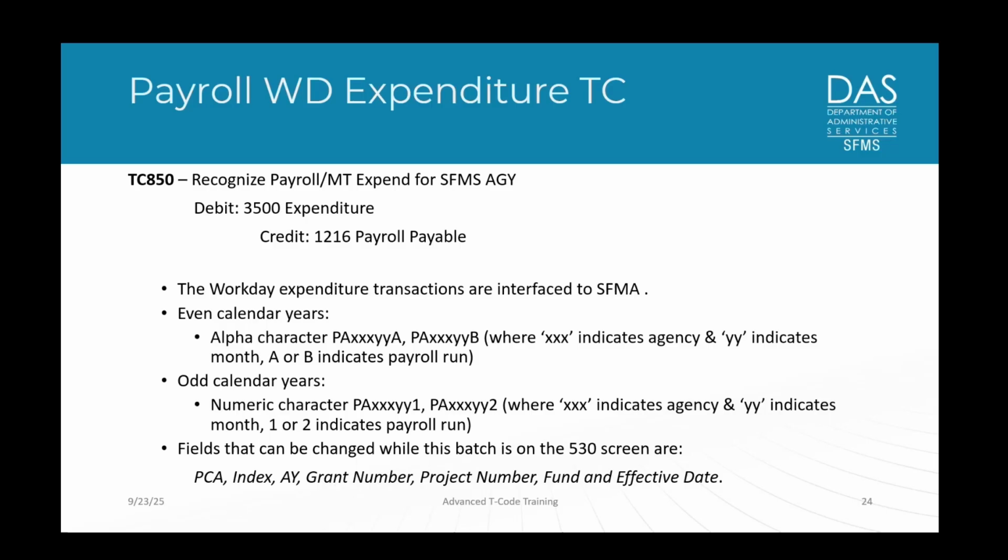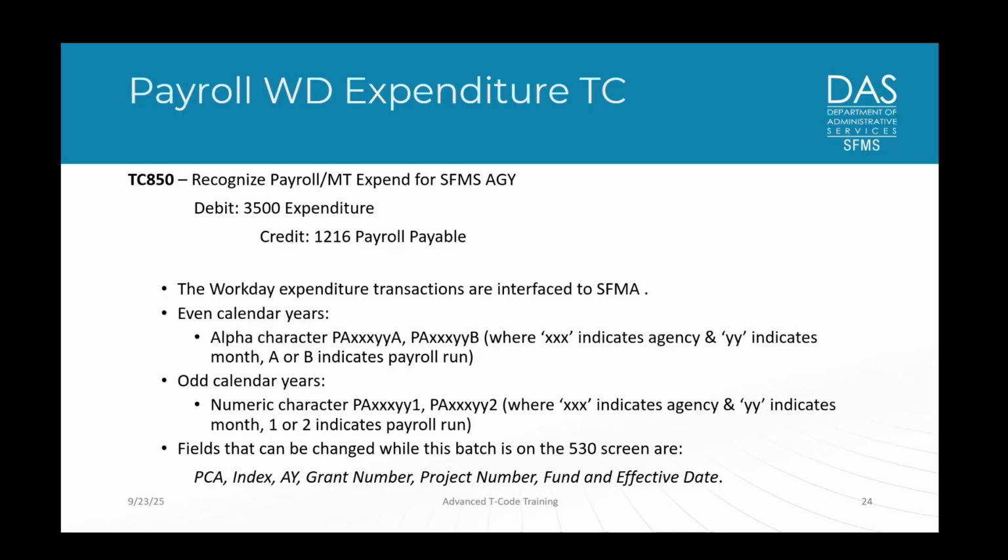So our first T-code will come through. It's T-code 850. T-code 850 will recognize the payroll expenditure transactions which interface from Workday to SFMS.